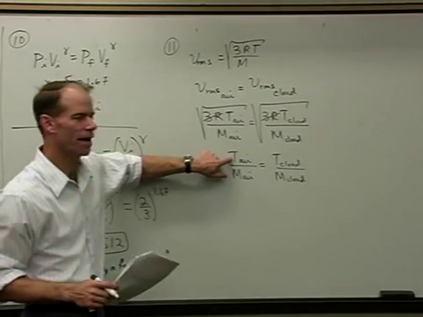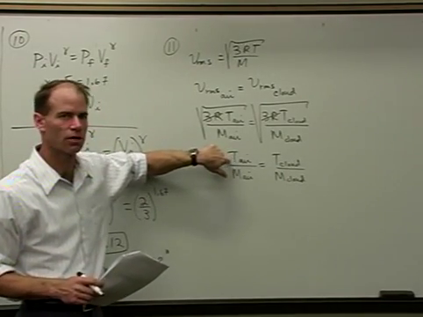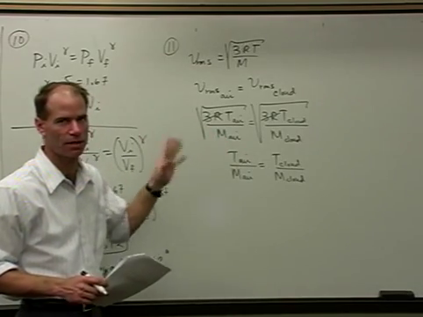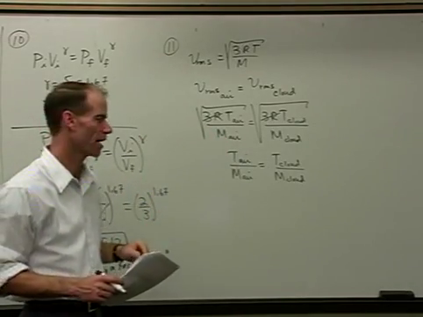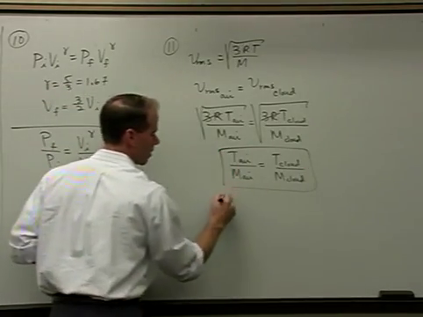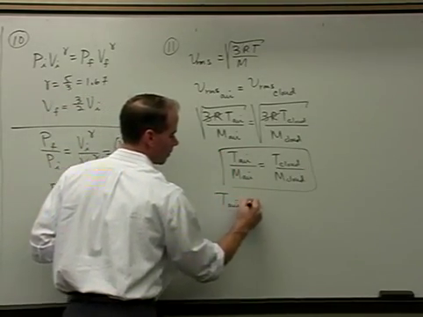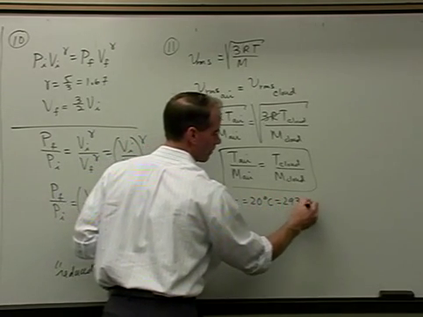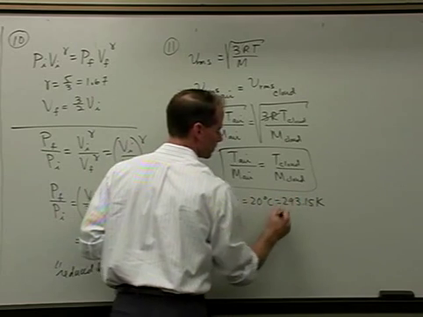Now we know the temperature of the air, that was 20 degrees centigrade. Of course we're going to change this to Kelvin because that's the only way we can do these kind of ratios. We need to be in the absolute temperature scale. So our temperature of the air, which is 20 degrees centigrade, will be 293.15 degrees Kelvin.